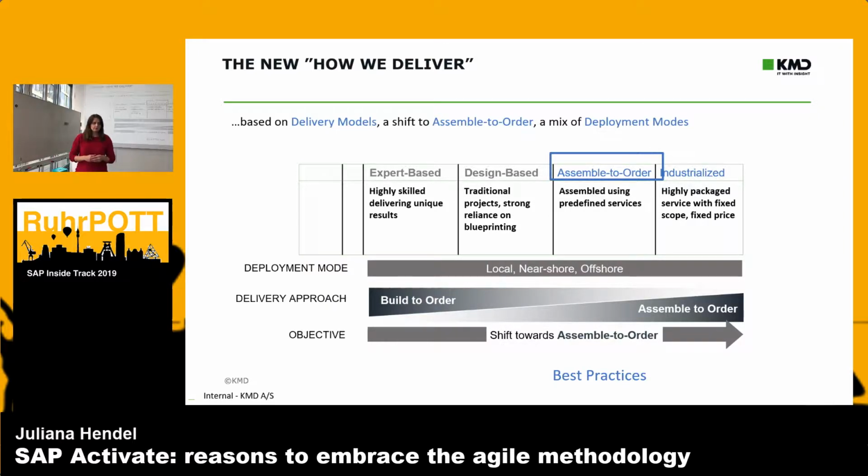With assemble to order, what we have is a very complex project preparation, because it is crucial for success. And we have more and more teams working off-site. A very important, crucial difference is that we don't have the blueprint phase anymore. We just don't look at requirements the same way we used to.